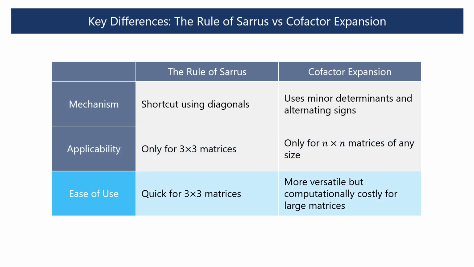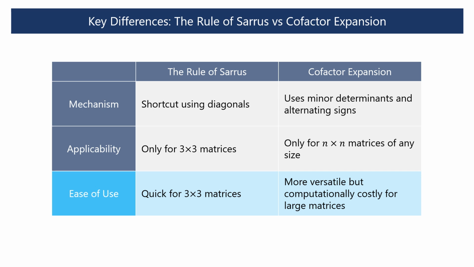As to ease of use, the rule of Sarrus can find the determinant of a 3x3 matrix quickly. Cofactor expansion is more versatile, but its computational cost can be high for large matrices.